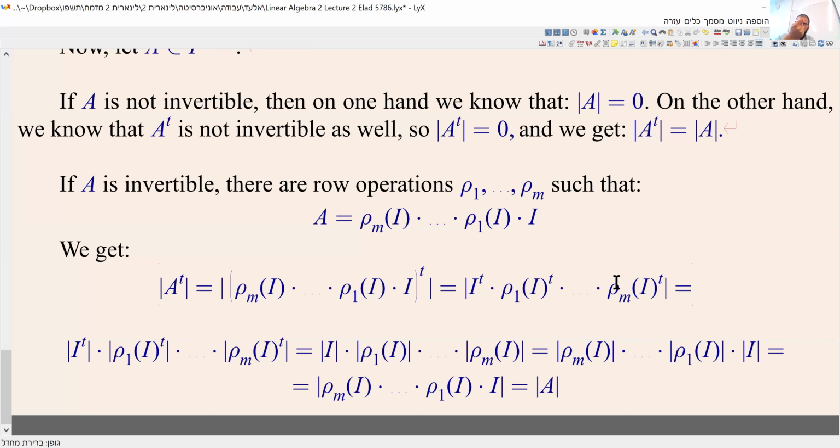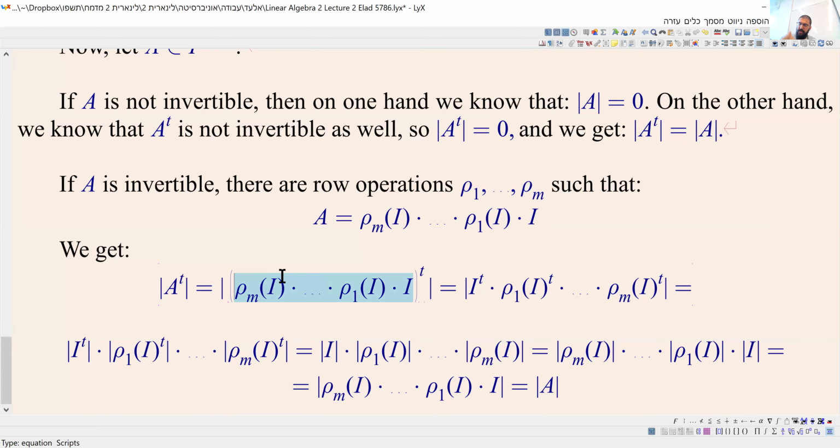And then we used this knowledge to prove the general statement about a matrix A. We used two things: that one about elementary matrices, and the second is the property of the transpose, where the transpose of a multiplication is the multiplication of the transposes, but in a different order. It's ordered backward.